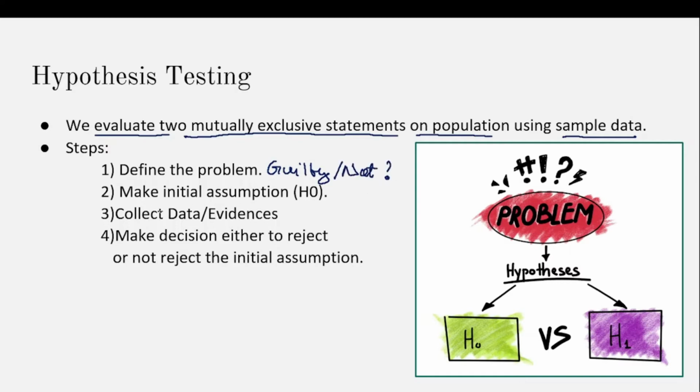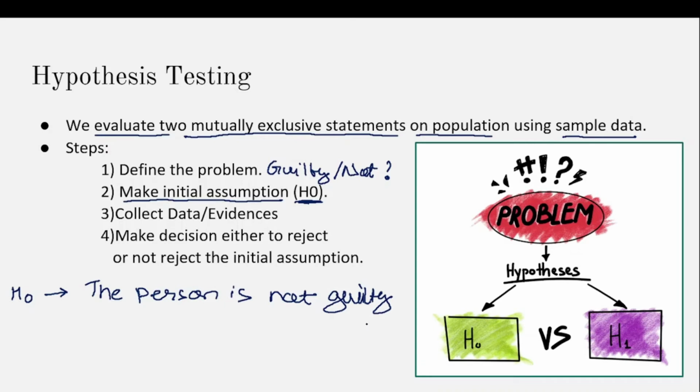The next thing that I need to do is to make an initial assumption or a hypothesis. I call this initial assumption H0 or the null hypothesis. So in this case, I take my null hypothesis, H0, as: the person is not guilty.